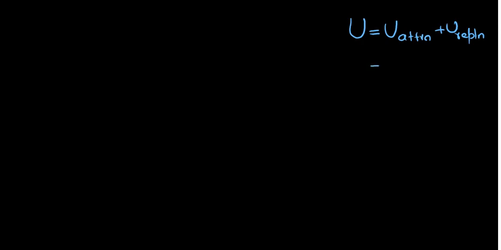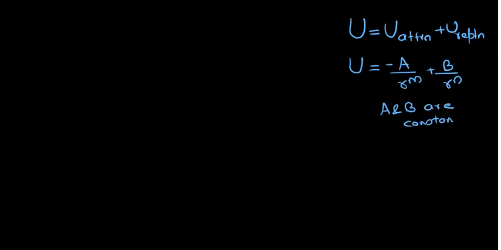But the potential energy you can in general represent in this form: U = minus a by r power m plus b by r power n. Here a and b are constants, depending upon the type of bonding, and m and n are also constants, exponents, which again depend upon the type of bonding.